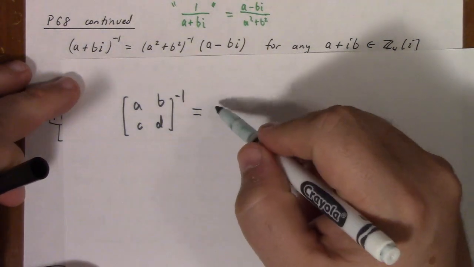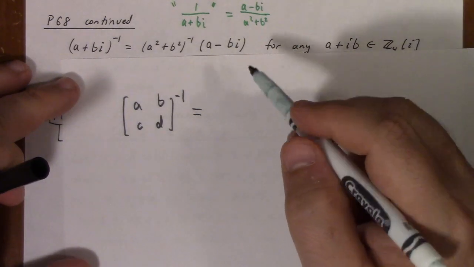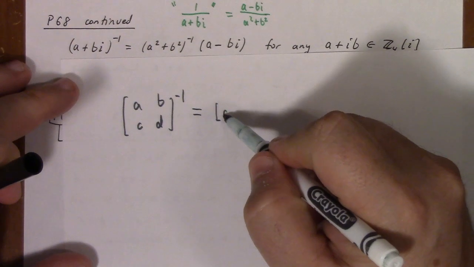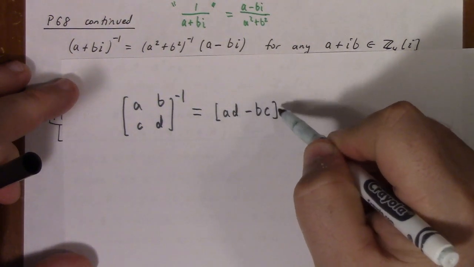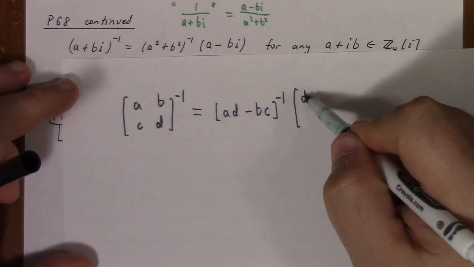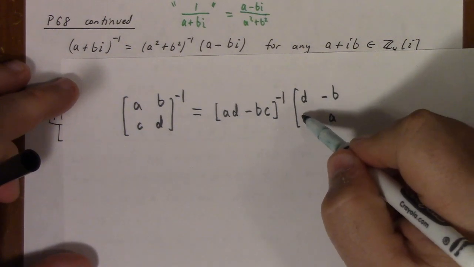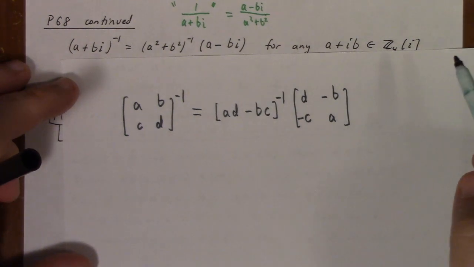Certainly if you have entries from a field, but it's just as good if you're taking, say, entries from Zn. The formula is this: AD minus BC. I take that number, I find the multiplicative inverse of it, and then I flip the diagonals, and I put minuses on the off diagonals. I always show this in my lectures, but I couldn't find it in my notes, so I thought I should share that with you.